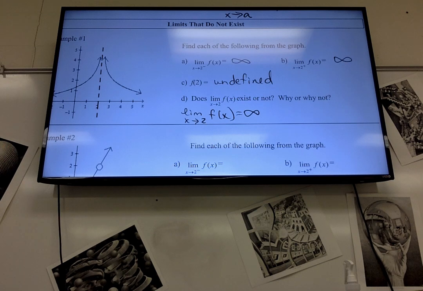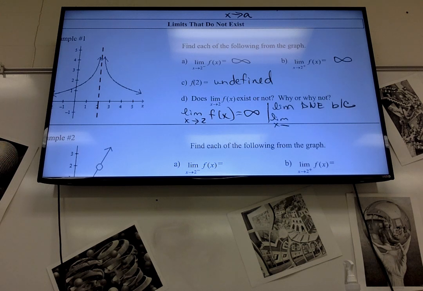Because how can you limit something by infinity? That's not a limit. It's going on forever. It's just telling you what's happening with the graph. So you will see that. But technically, the limit does not exist because those two limits, even though they're equal, they're not equal to a real number.